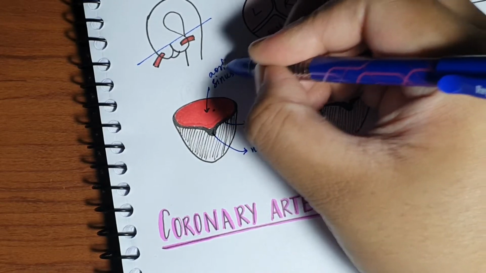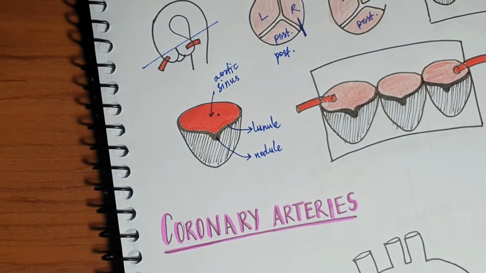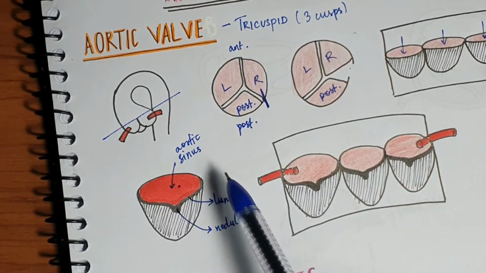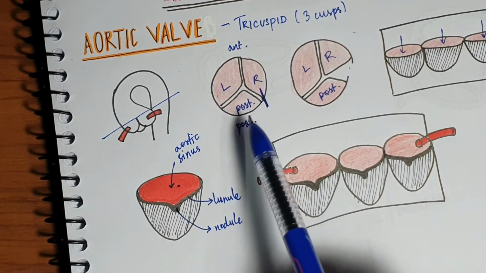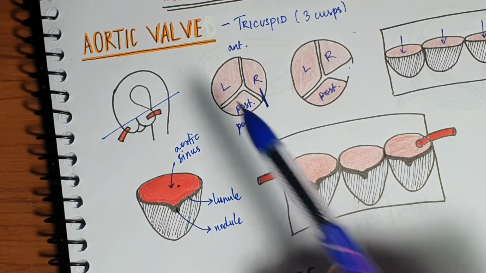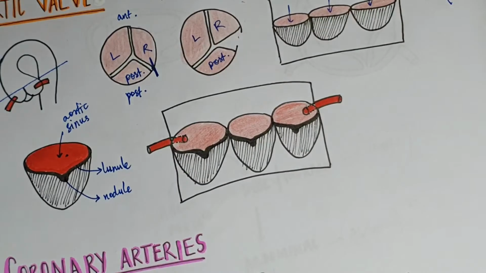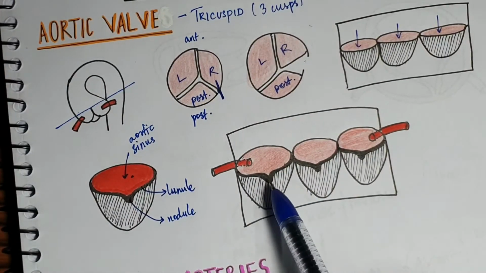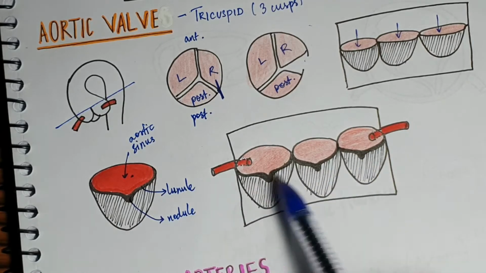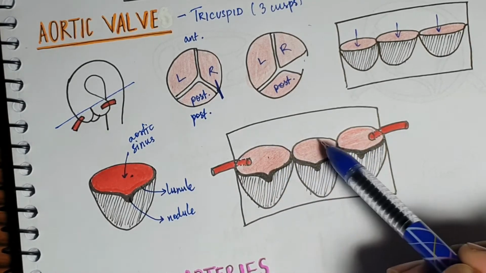It's an aortic sinus. And this is the same for all of the cusps. So now we have three aortic sinuses, one in each of the cusps. So we have a left aortic sinus, a right aortic sinus, and a posterior aortic sinus. Now if we look at them properly, they have two lunules, they have the nodules, and this is the aortic sinus.